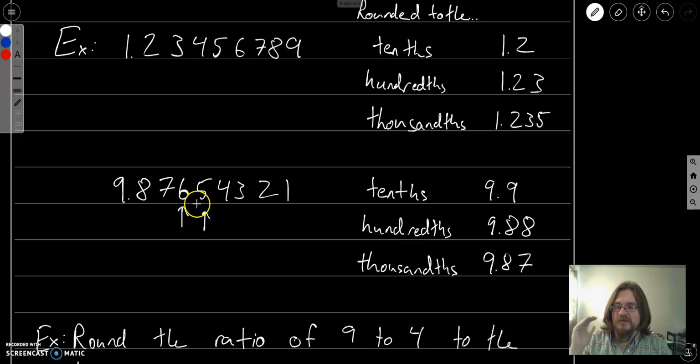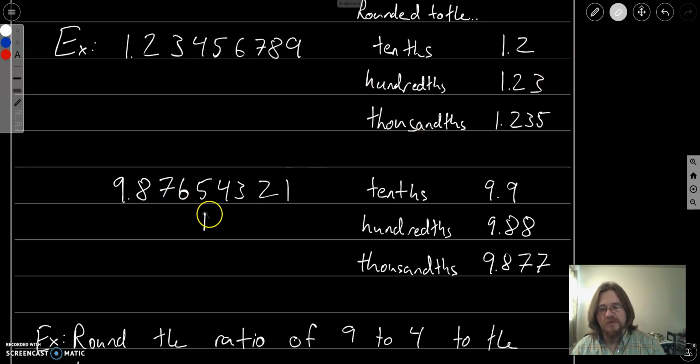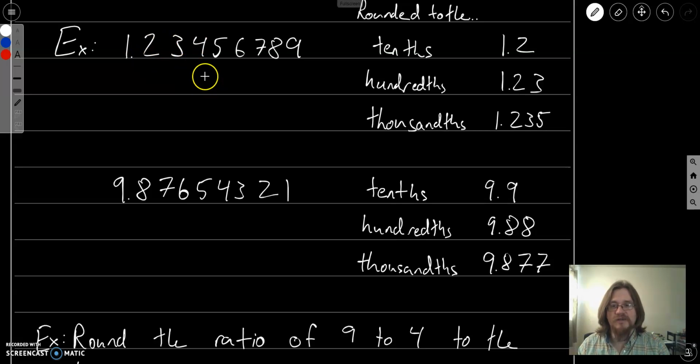But also, equal to 5, we round up. So this time, we had to round up a couple of times because the next number was either bigger than 5 or equal to 5. Up here, when we were rounding, we kept the number the same quite often because the next number after that wasn't bigger than 5.